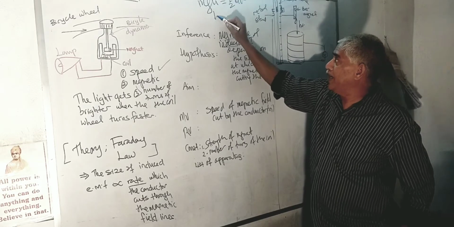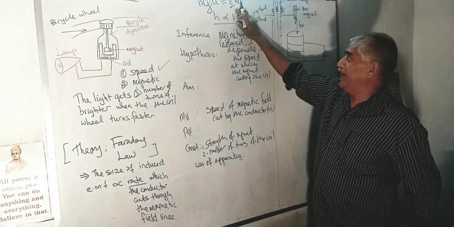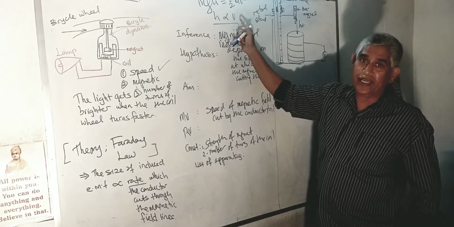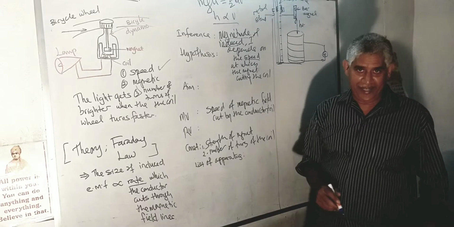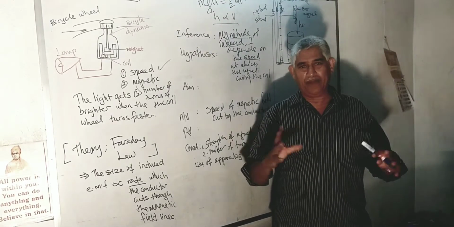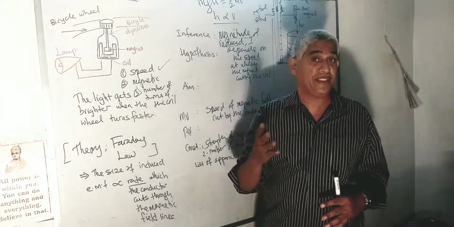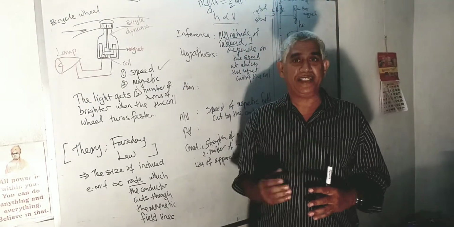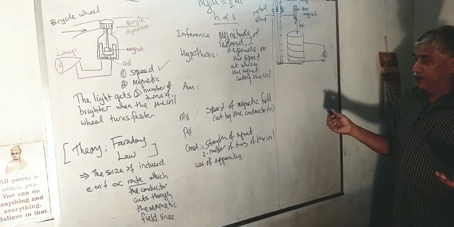So here H is proportional to the speed, we can put H ∝ v. This is the idea we are using here. So we are operationalizing the speed with the height. You don't need to count what the speed is using a ticker timer, no need. As long as you change the height, the speed is changing. Our concern is to change the speed. You must see there is a change in the speed. So that's what is happening here. So you already got the idea.